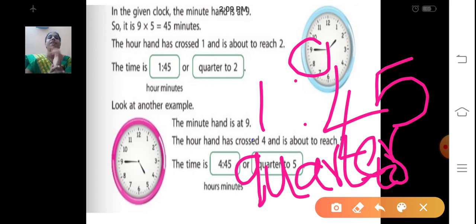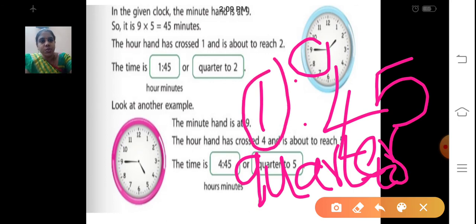Quarter means 15 minutes to reach 2, isn't it? So here we should not write 1. It is going to 2, it is not 2 yet. 15 minutes are there to reach 2. So you are going to write quarter to 2.